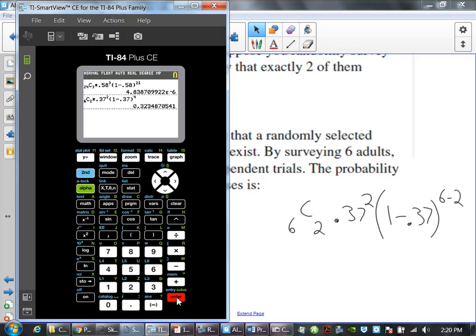A better workable probability. So if you have a smaller sample size, you're looking for fewer successes, you start to see that it becomes a little more feasible, if you will.